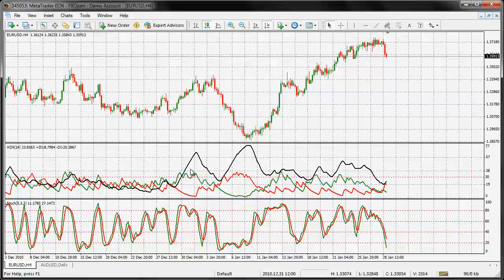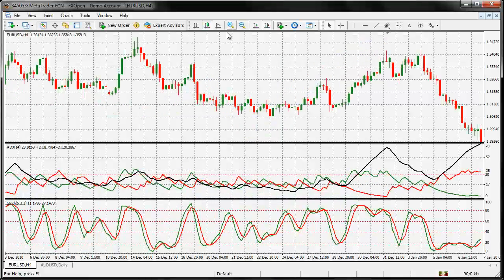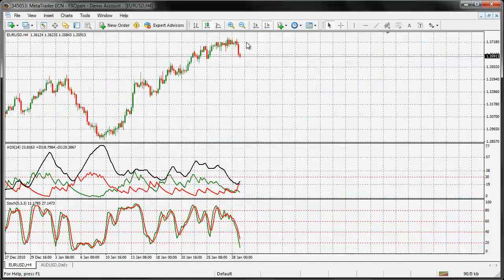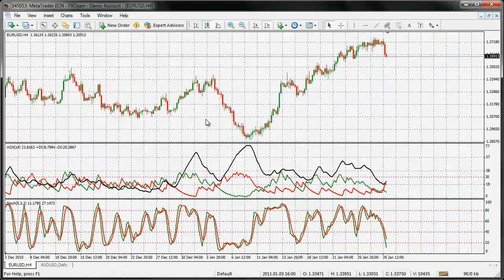Alright, so we know how to use the ADX. Now the rules with the ADX should really be the same, and knowing that not all the signals are going to be perfect all the time, you always really need to have a secondary indicator, or some kind of secondary information that you can pull off the charts.